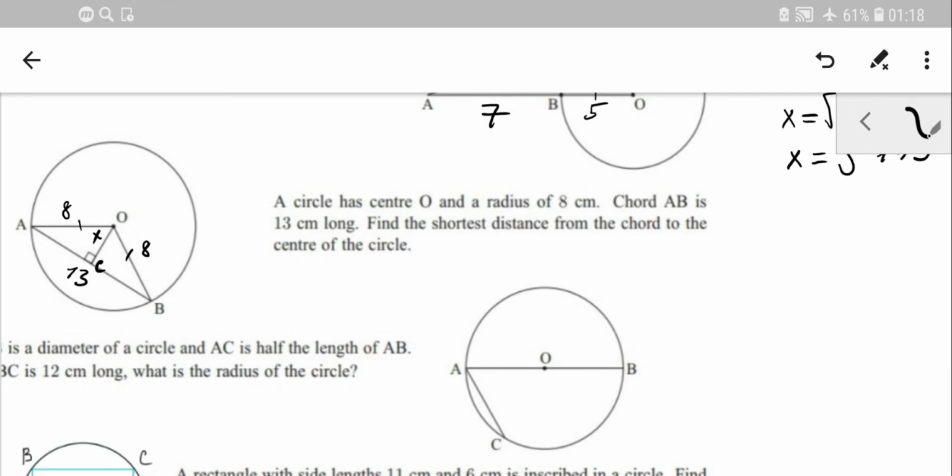This level, as you can see, is pretty simple. CO squared from the triangle AOC, so we consider triangle AOC as a right angle, we'll have CO squared, i.e. our unknown x squared, is equal to 8 squared, so 64, minus AC squared.